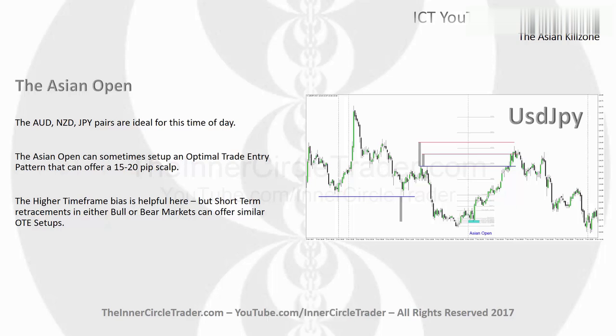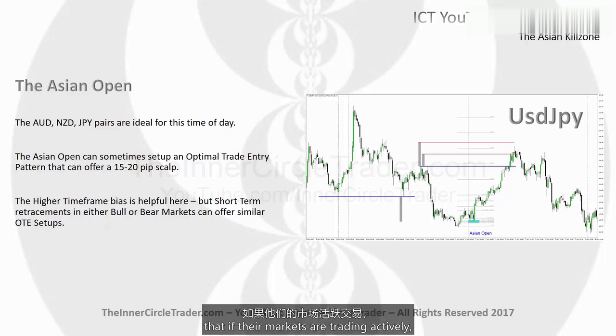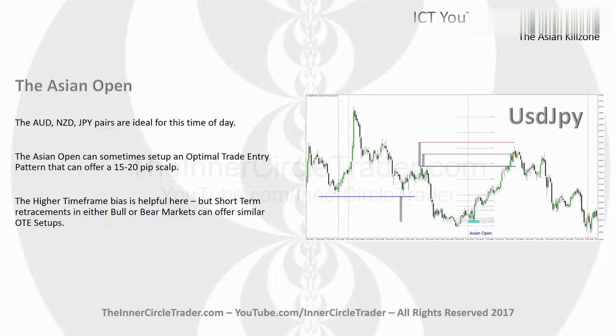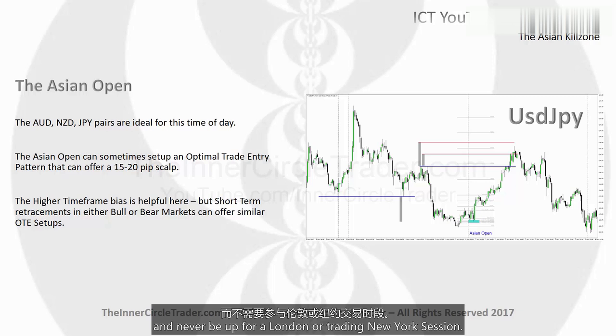They're active, their markets are open at that time, and it goes without saying that if their markets are trading actively as it relates to their specific currency and country of origin, this small little window of opportunity for North American traders to trade after a 9-to-5 job could fit exactly what you're hoping to do as a part-time gig, if you will, and or your trading model could be completely built around the Asian session and never be up for London or trade in New York session.